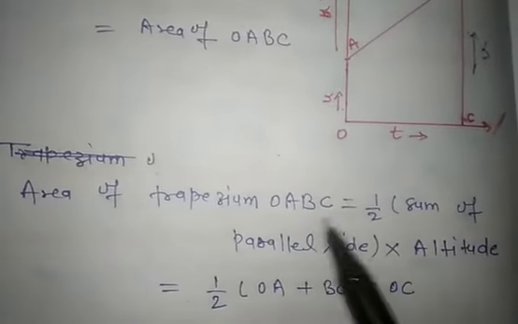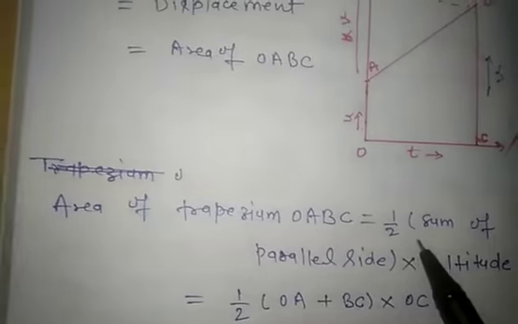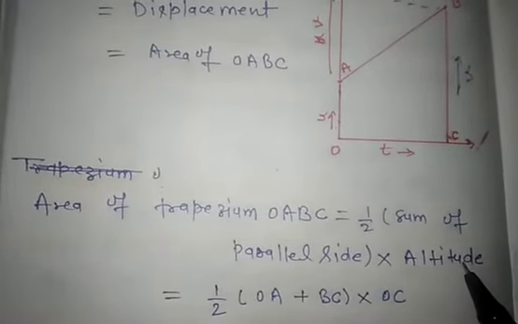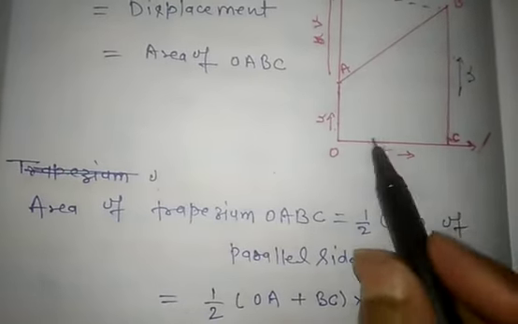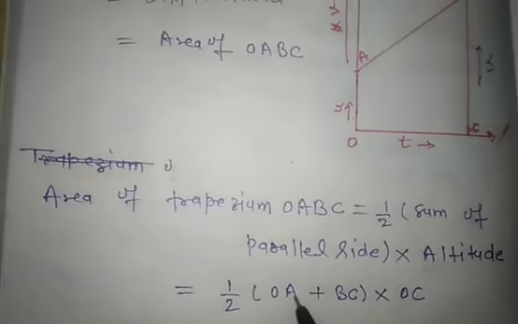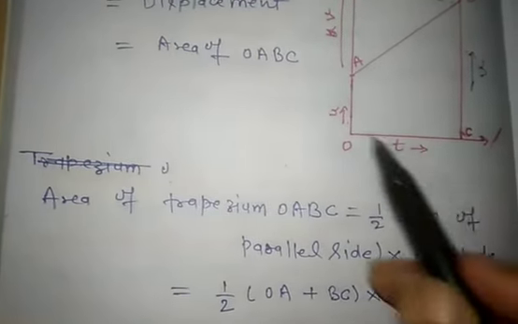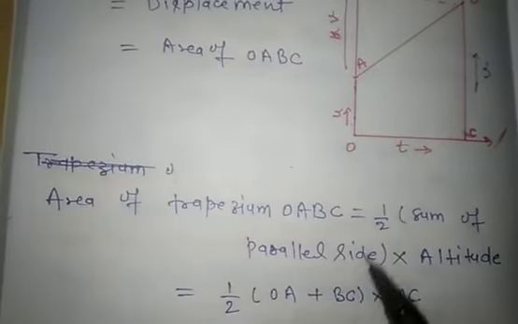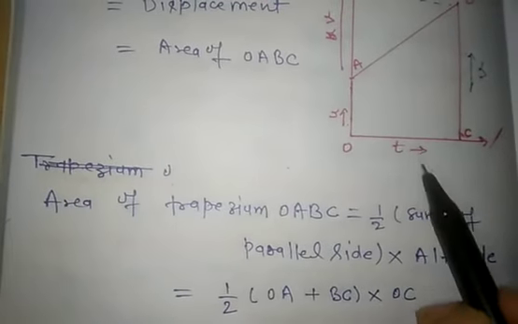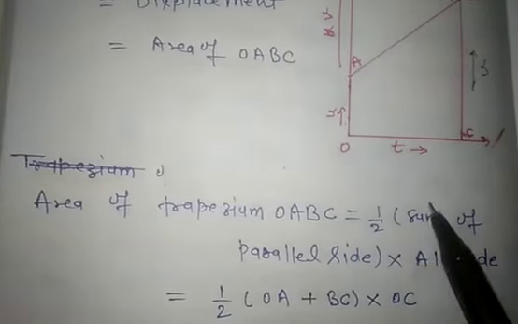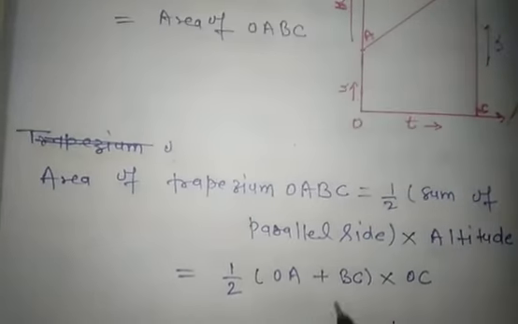Area of trapezium OABC is equal to half the sum of parallel sides into altitude, the perpendicular distance between the two parallel sides. The two parallel sides are OA and BC, into the perpendicular distance between them, OC.